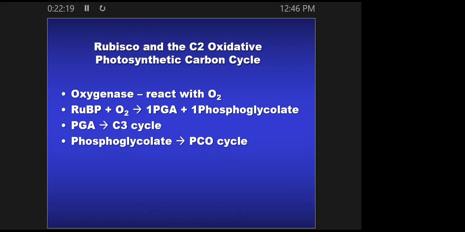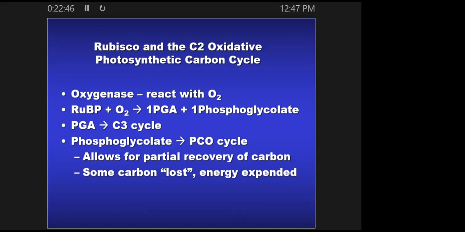So if you look at the PCO cycle and follow it from start to finish and say, okay, what's going on here? The upshot is that you do get some partial recovery of carbon. What they mean is you're able to actually make some more PGA through this PCO cycle. You do recover some PGA from it, but it takes a little effort, as you'll see.